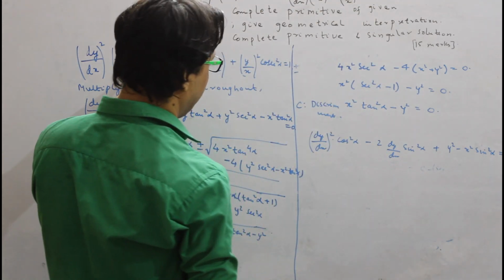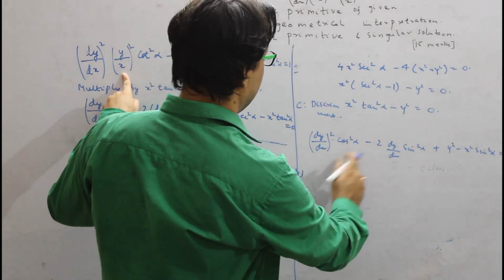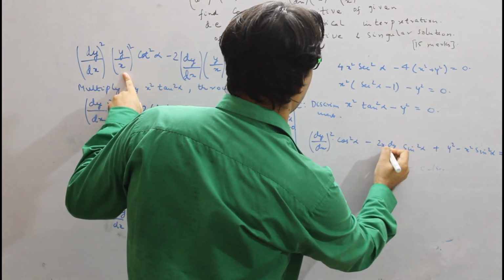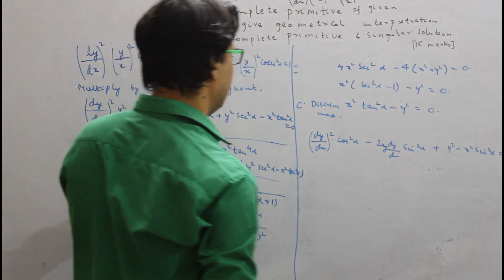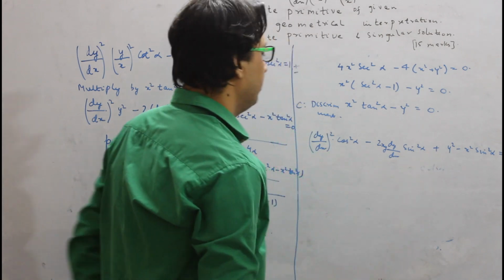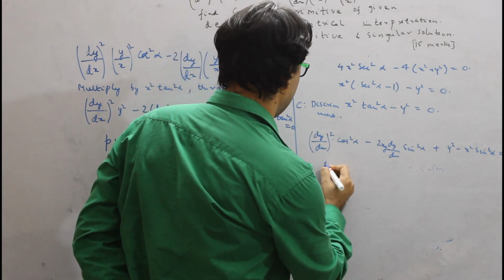So we have to write it in such a manner, we have to write here 2xy left, and we can find our p discriminant.